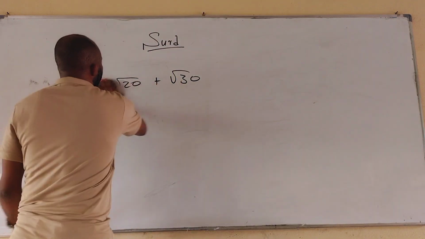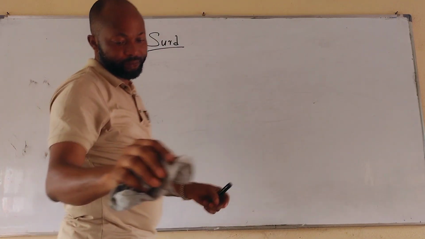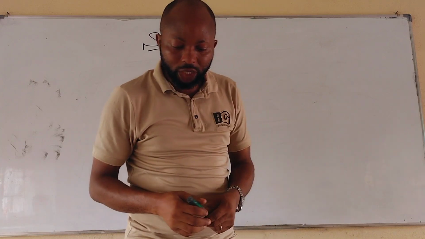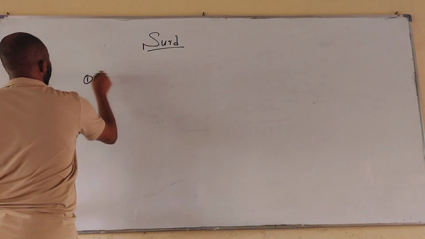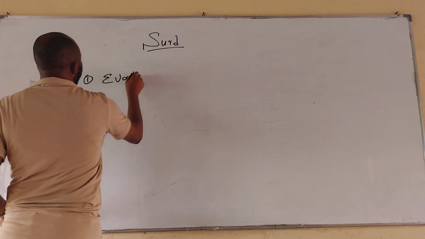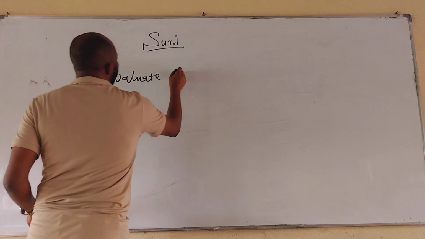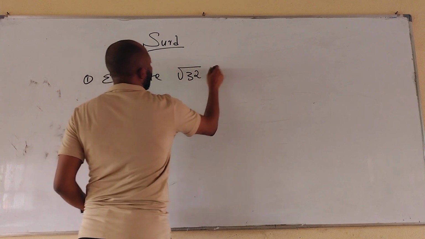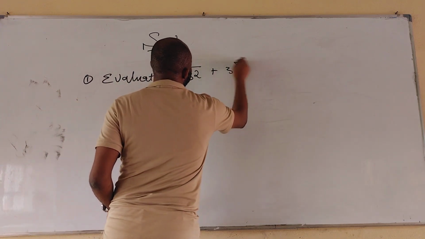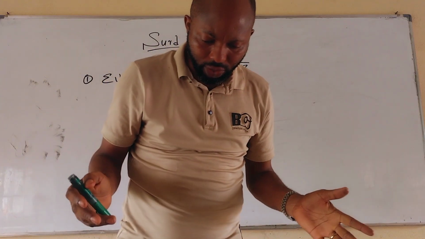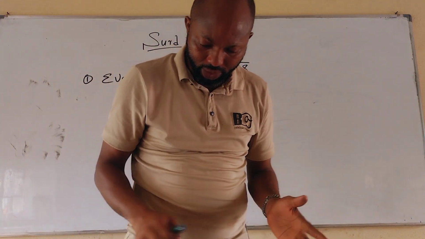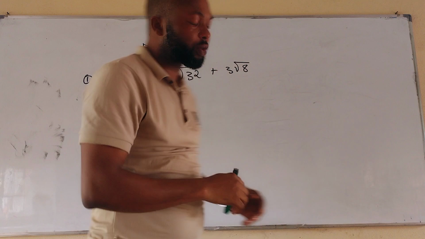So let's take our first example. Evaluate root 32 plus 3 root 8. Root 32 plus 3 root 8. Let me confirm that. Root 32, okay, where are we? Root 32 plus 3 root 8.